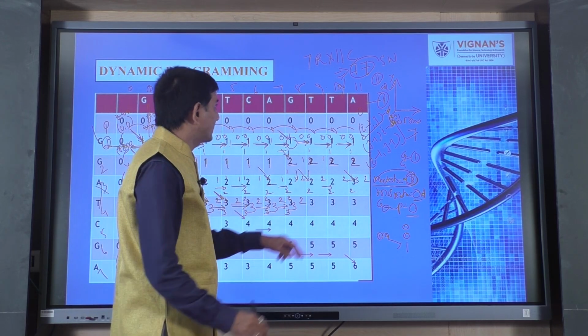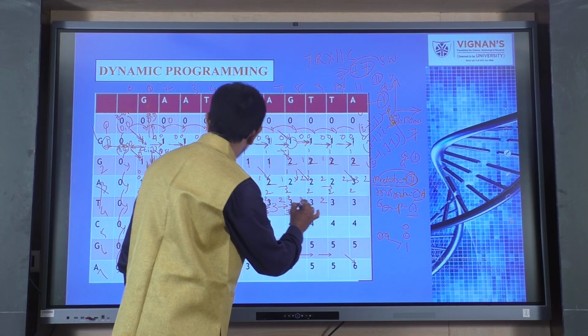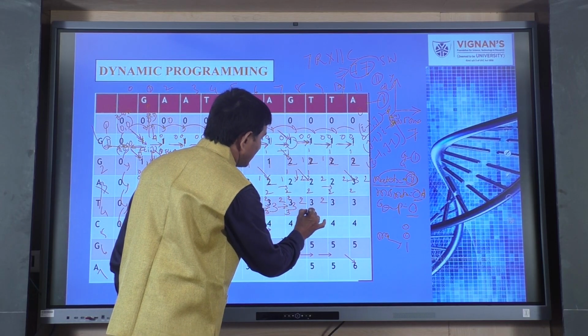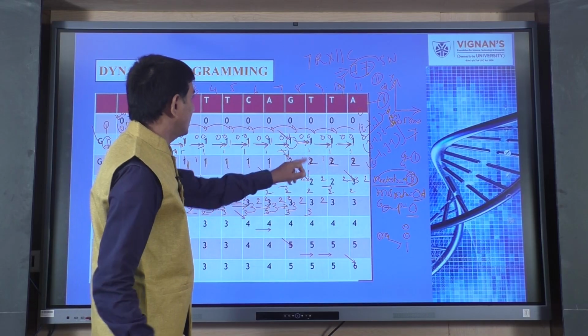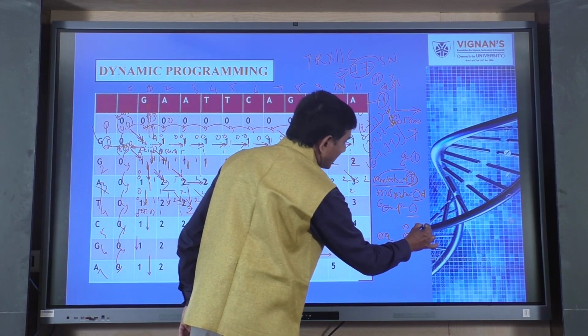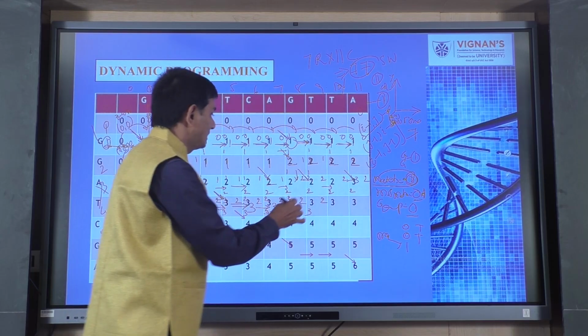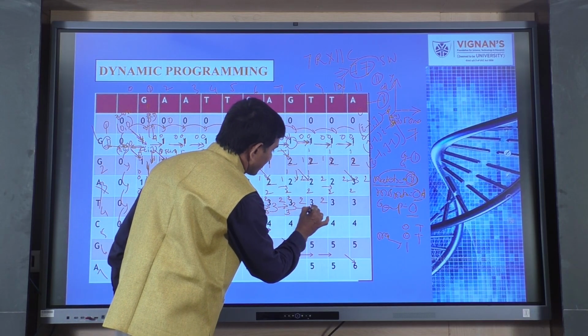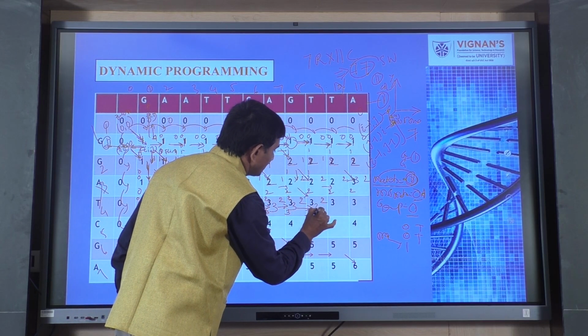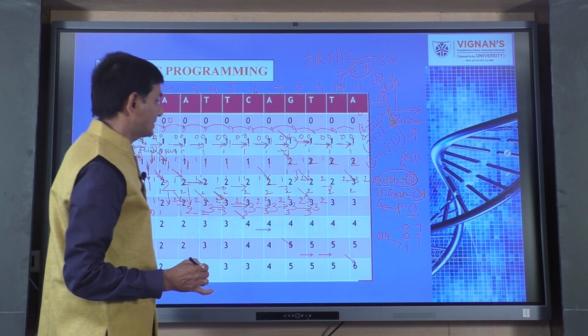Similarly, for this cell in the matrix table, change in row is 2, change in column is 3, change in both row and column. So, here the two coordinates are T and T, match, positive value of 2. So, here maximum value of 3 is obtained in more than one direction.